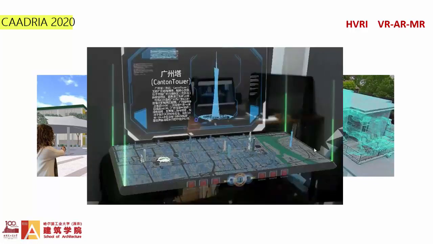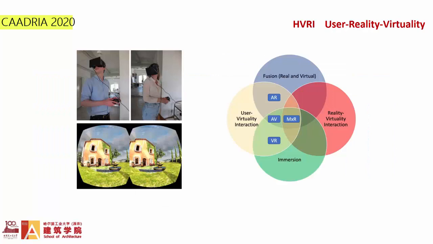And of course, we also have mixed environments where you can immerse yourself in the virtual environment, yet you are still able to see the real world and interact with it in some way.